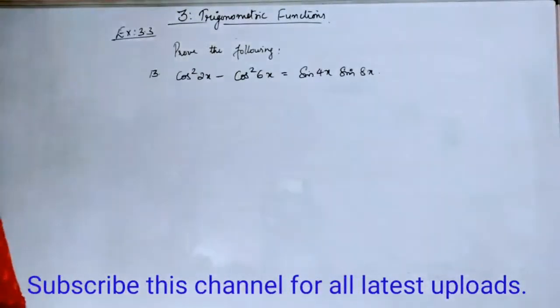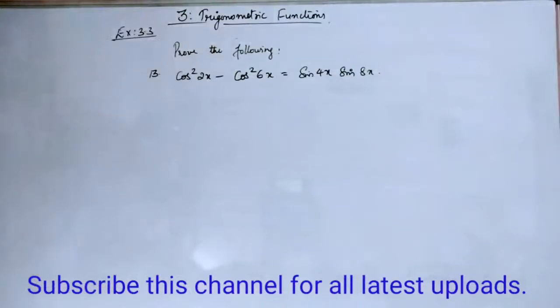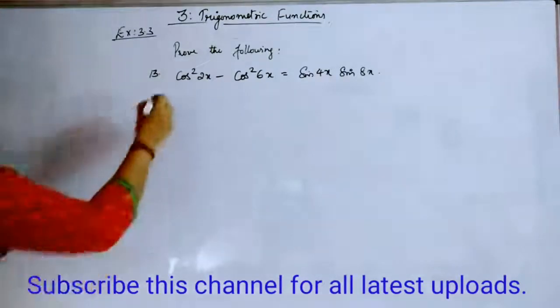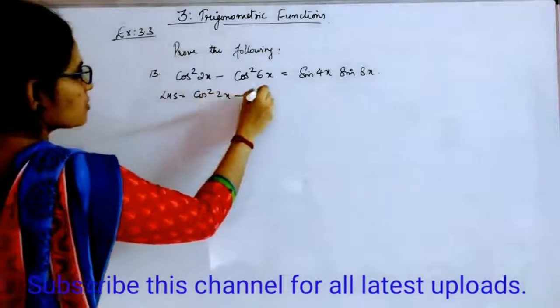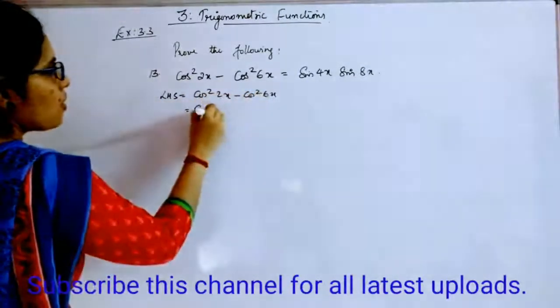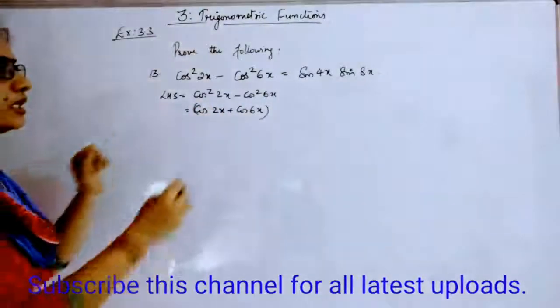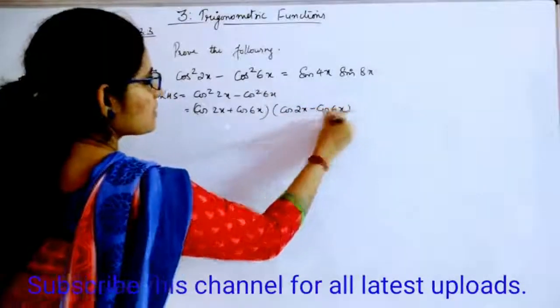Next, the 13th one is cos square 2x minus cos square 6x equal to sine 4x sine 8x. So again LHS is in the form a square minus b square, so we can write the LHS as cos 2x plus cos 6x, that is a plus b into a minus b, which is cos 2x minus cos 6x.